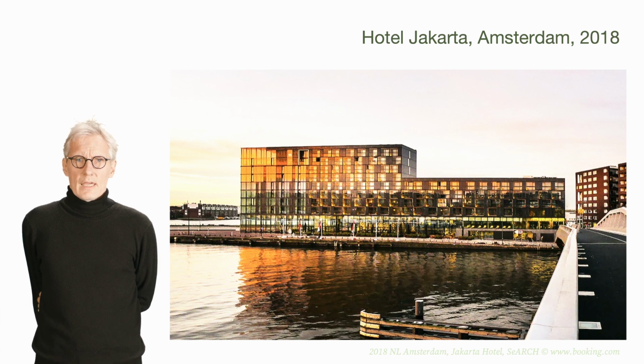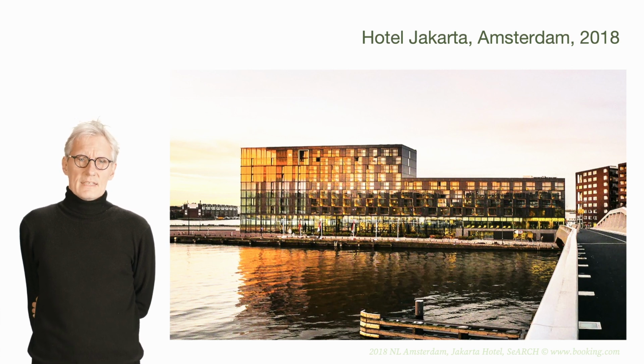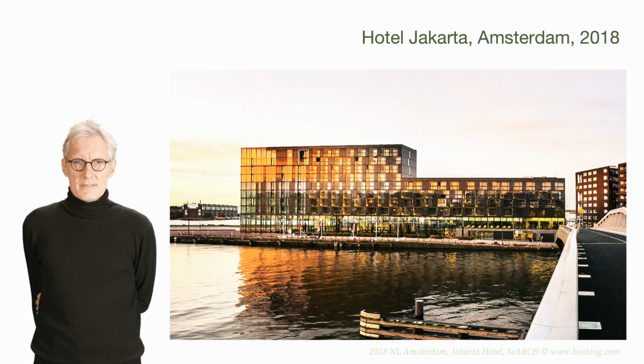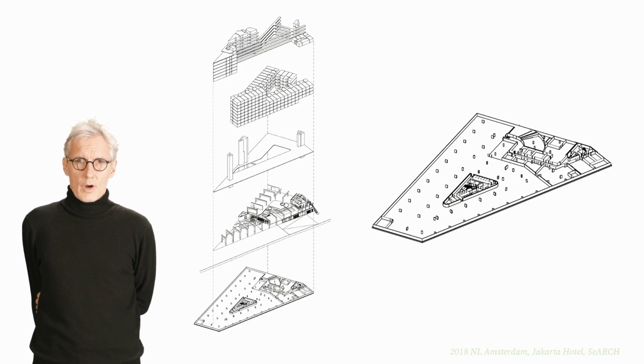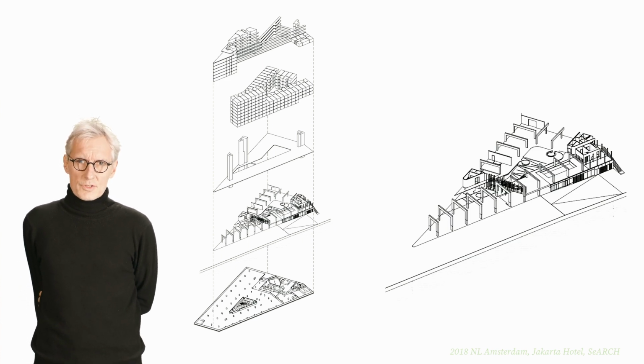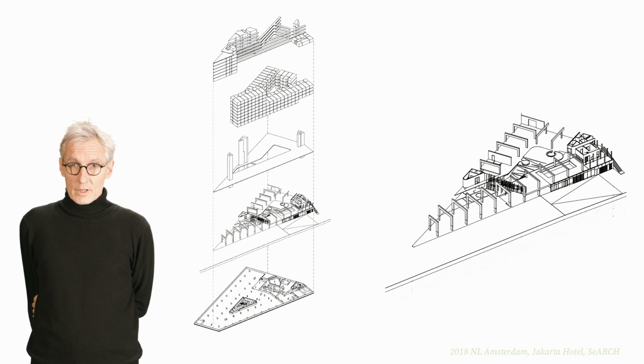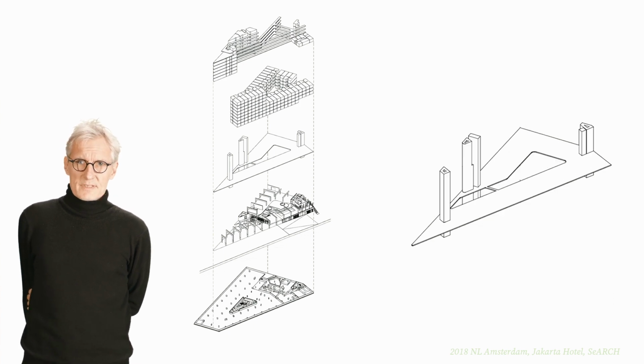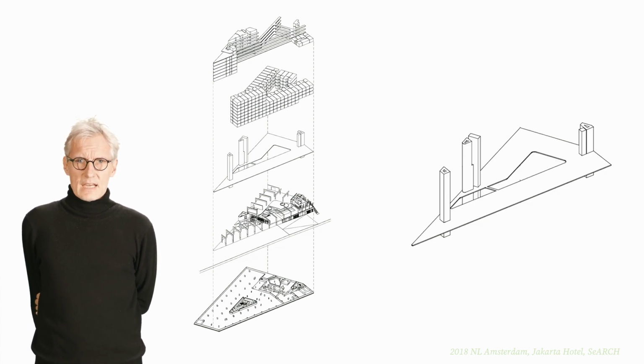Let's zoom in on the construction details. The base is formed by the underground car park and the reinforced concrete structure of the ground floor and first floor, with stabilizing elements, the staircases and lift shafts.